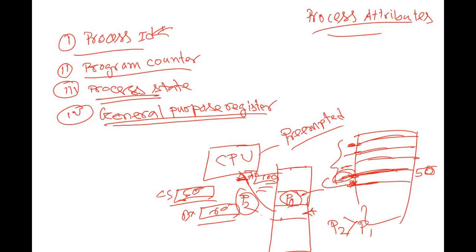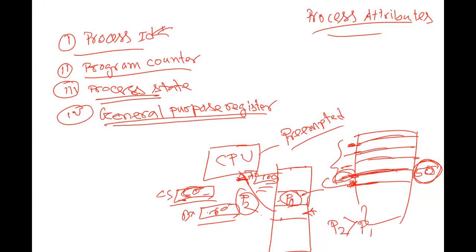Now that P2 has completed, P1 will be scheduled again by the CPU to complete its execution. Previously P1 completed till line number 50, and this was the value at that time. By this time P2 also executed, and that time these values were changed by P2.